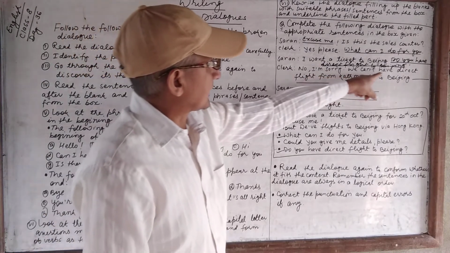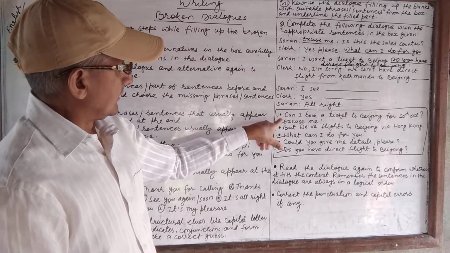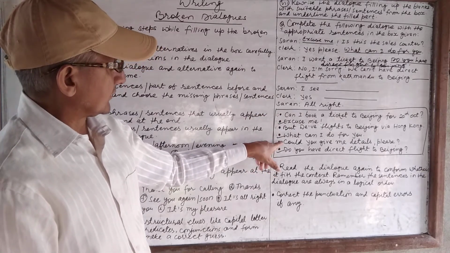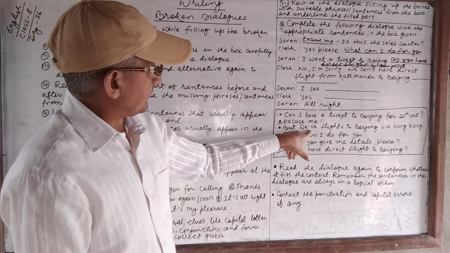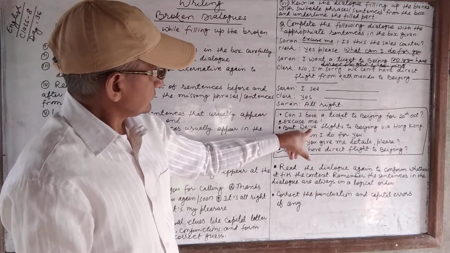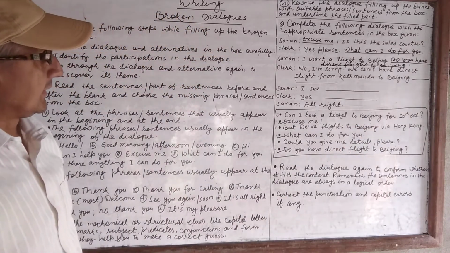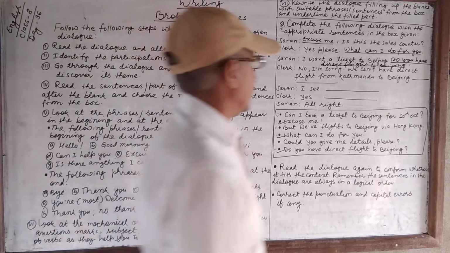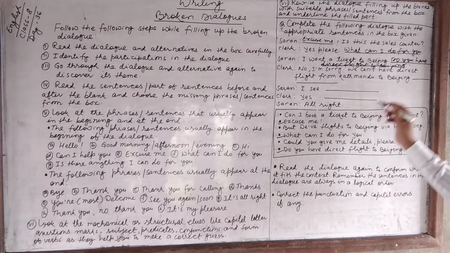I think, okay, this, okay. Could you, this, okay. But we have flight to Beijing, where Hong Kong is the suitable sentence, okay. It is the suitable sentence for this blank, okay.